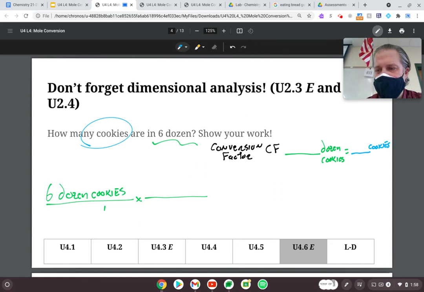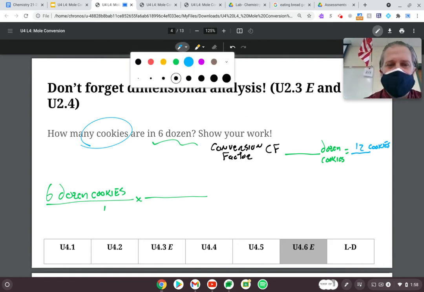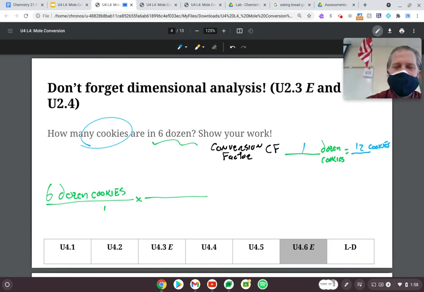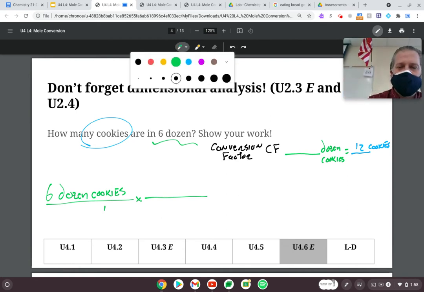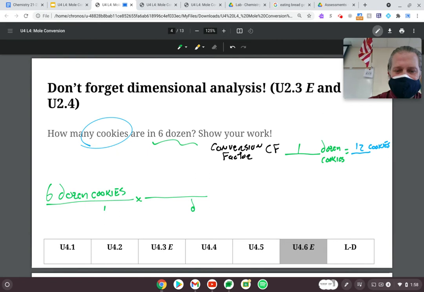There we go. And you might recall that 12 cookies was equal to 1 dozen cookies. We would set this up so that dozen goes on the bottom so it cancels out, and cookies goes on the top, so that's what we're trying to find.